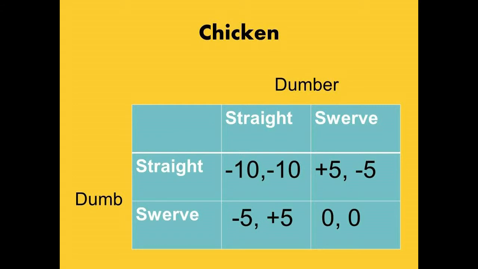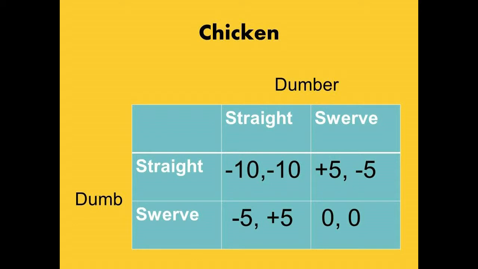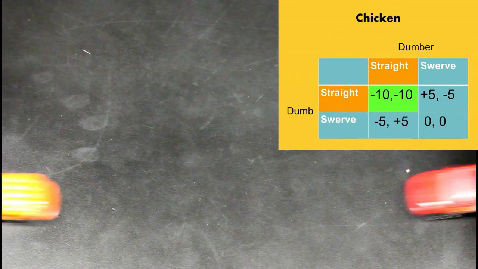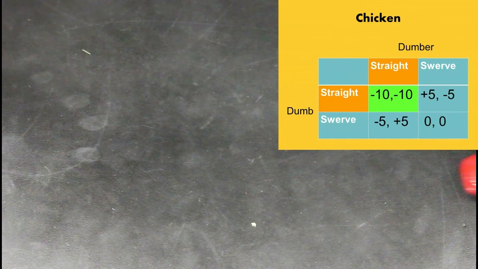Here's a game called Chicken, played by Dumb and Dumber. In this game, the two dumb players drive toward each other and then either continue to drive straight or swerve. The numbers in the payoff matrix represent levels of happiness, or utility. If they both continue to drive straight, they both end up badly hurt and very unhappy, to say the least.